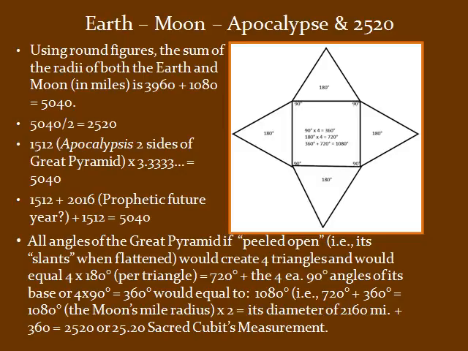That is 720 degrees of the triangles plus the base of 360 degrees will equal 1,080 degrees, which is the Moon's mile radius, times 2, of course, would give us the diameter of the Moon at 2,160 miles, plus 360 would equal 2520, or 25.20, the sacred cubit's measurement.